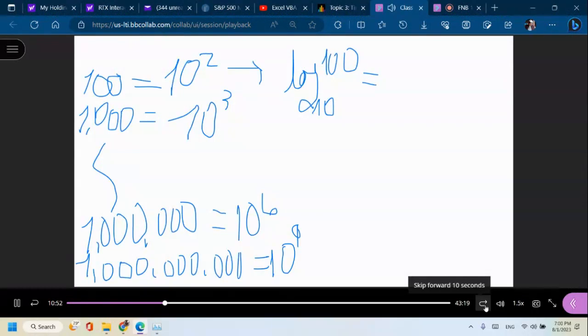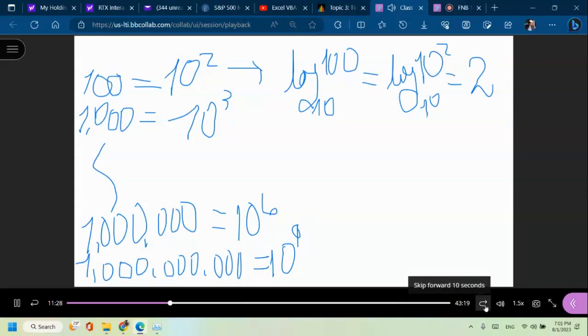So again, I can write it as log of 10 squared to base 10. Okay, and then this can be written as 2, meaning when you take the log of 10 squared to the base 10, you can express that number only by the exponent.